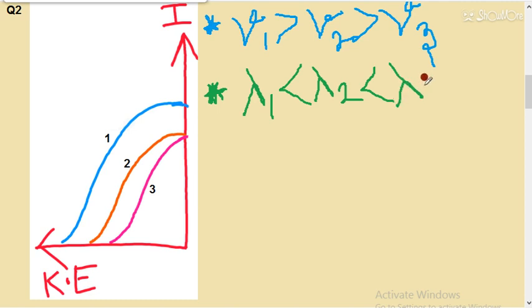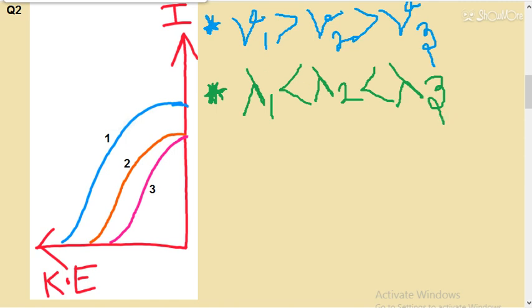Which is smaller will be the wavelength, more will be the kinetic energy. So lambda 1 will be the smallest because kinetic energy in this case is maximum. So lambda 1 is less than lambda 2 is less than lambda 3. I hope this is clear.